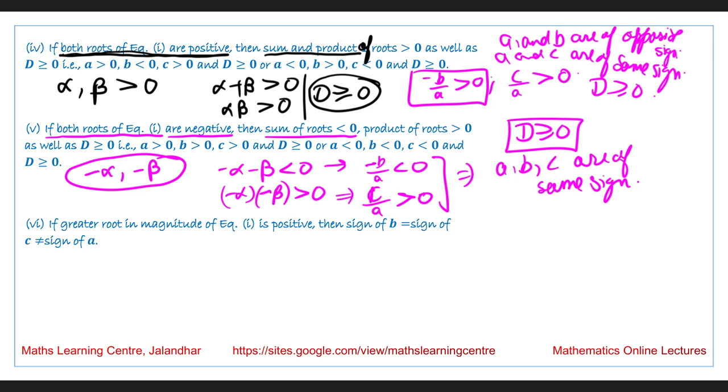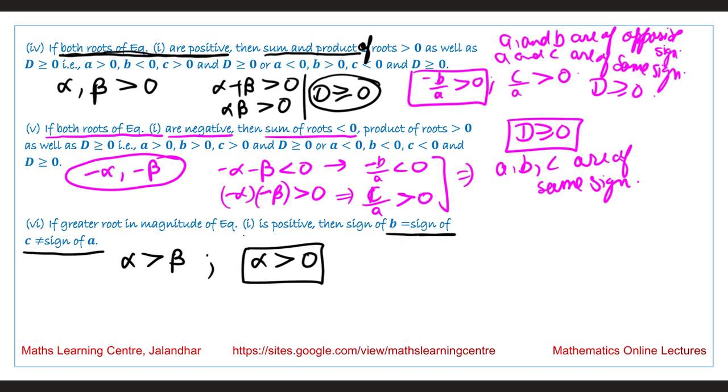Next is if the greater root in magnitude of equation 1 is positive. Suppose we are saying that alpha is greater than beta and alpha is positive, then the sign of b is equal to sign of c is not equal to sign of a. We will have alpha plus beta equal to minus b by a, and alpha into beta equal to c by a.